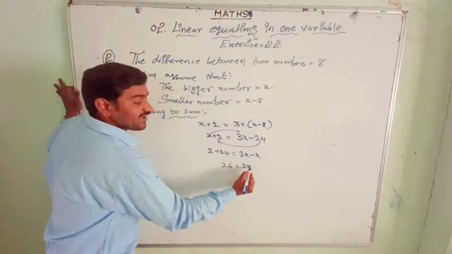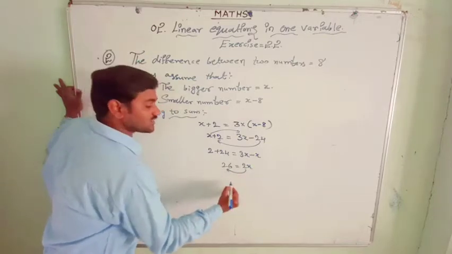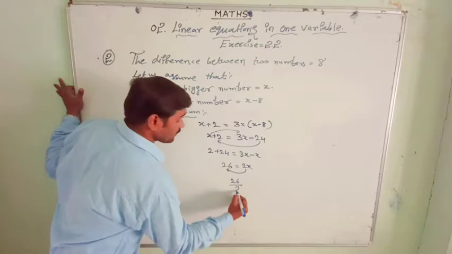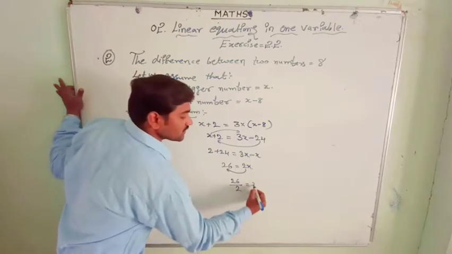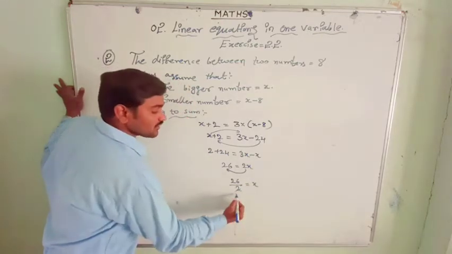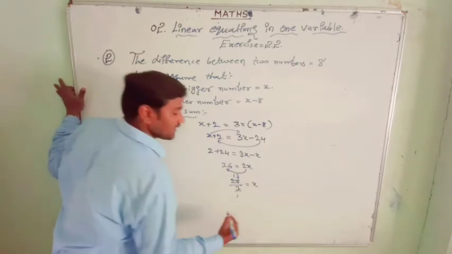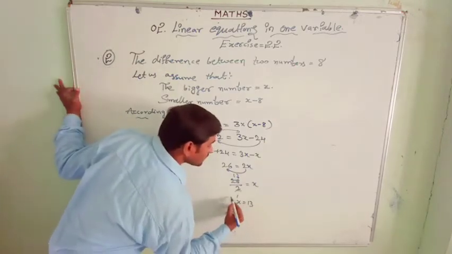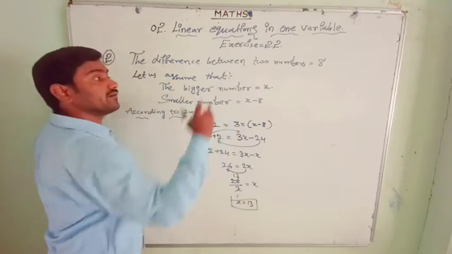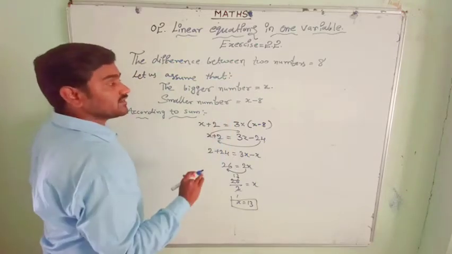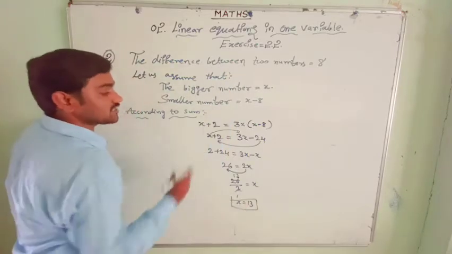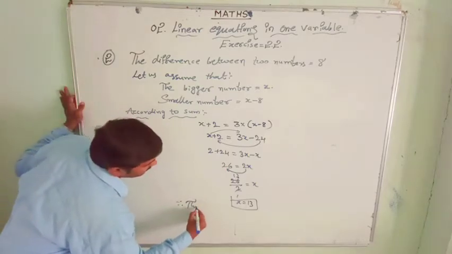Here we need the x value, so we transfer this 2 to the other side. That means 26 by 2 is equal to x. Two 13s are 26, so x equals 13. That means the bigger number is 13. Then what is the smaller number?